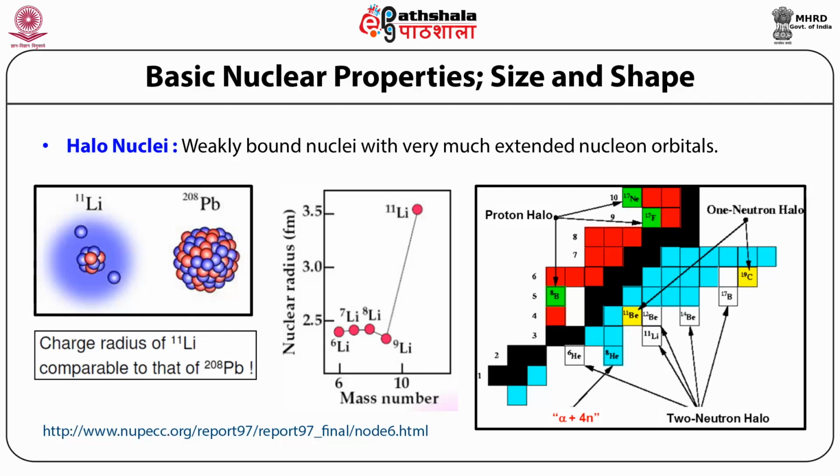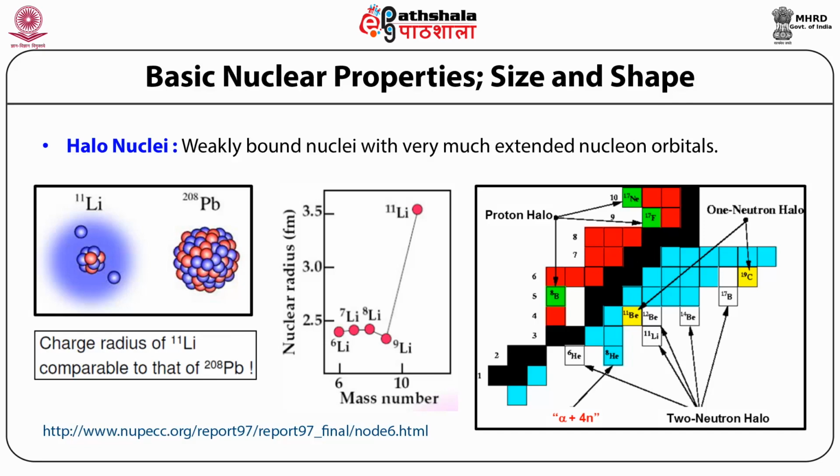As we have seen, it is the distribution of two neutrons in lithium 11 which is very much extended. So this lithium 11 can be termed a very special nucleus, and it is termed a halo nucleus. The charge radius of lithium 11 is comparable to that of 208 lead. In the second small picture, the nuclear radius of various lithium isotopes is plotted as a function of mass number.